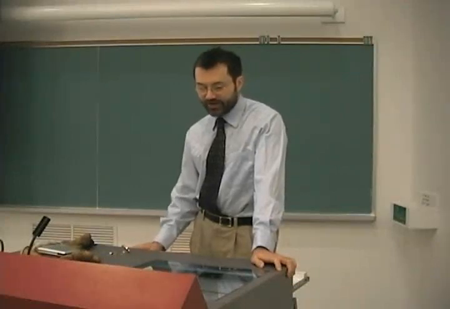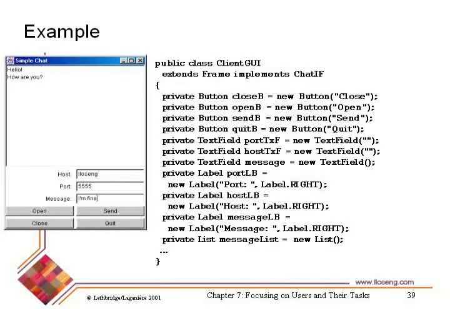Slide 39 shows you just a few of the things that you can do to put together a simple user interface. This is a user interface which has a large text panel at the top, a few smaller panels, host, port, and message with labels and text boxes, and then some buttons at the bottom. In AWT, which is one of the styles, if you're writing code to do it, you just declare buttons.